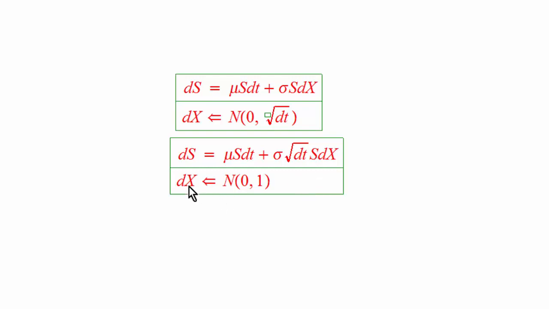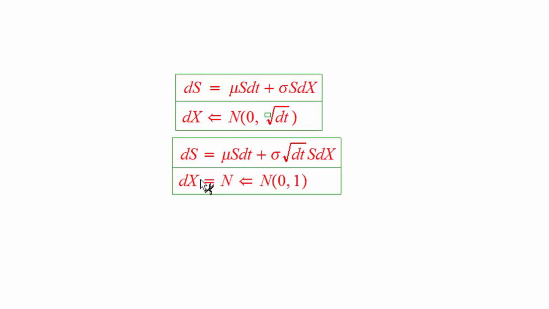So then you would pick a random number, these dx's, which are like the n's from the spreadsheet. We'd pick a random n, multiply it by the current stock price, root dt, and sigma, add our mu S dt, and that would give us our change in stock price.